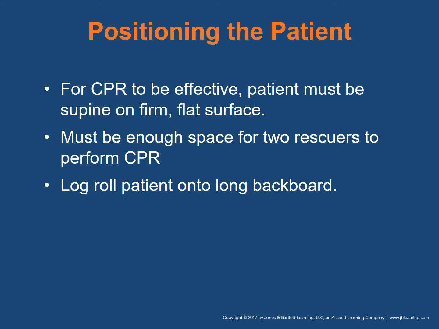This ensures really quick transportation of the patient up and down the stairs if needed, most likely down the stairs to street level where the ambulance is. And if the patient's already on the long, rigid plastic backboard, then of course they would be on this firm, flat surface that we like. That ensures, like I said, good, adequate depth compressions on our part.